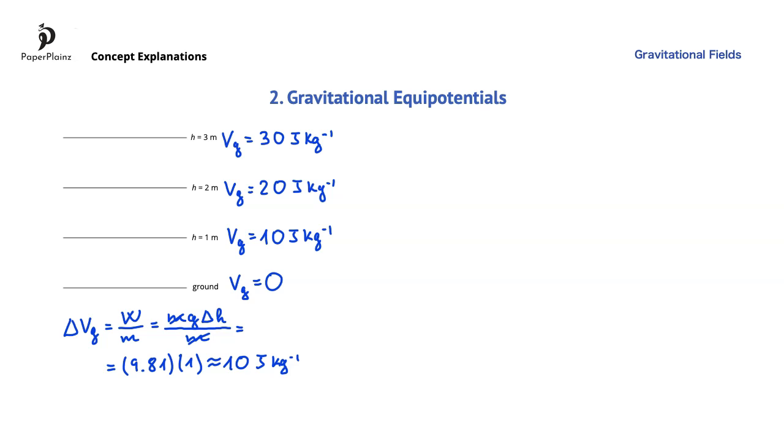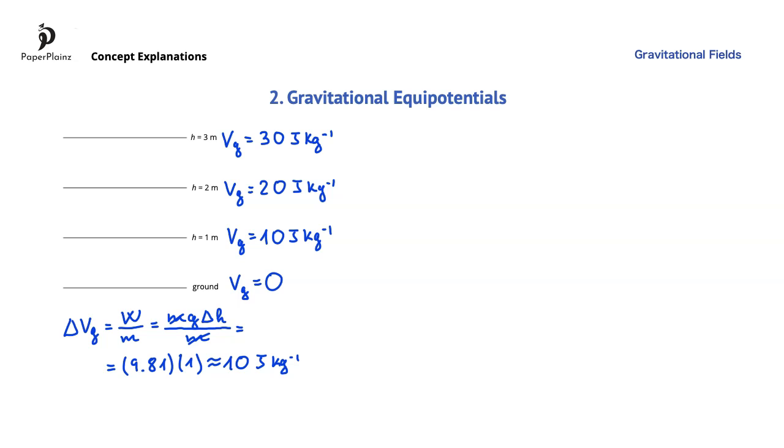You might be asking, how come the gravitational potential values here are positive, when a few minutes ago we said that gravitational potential is always negative? The reason is that instead of infinity, here we chose the ground to be our 0 reference point. So when we move an object from the ground to one of the shelves, we are supplying energy to the system.